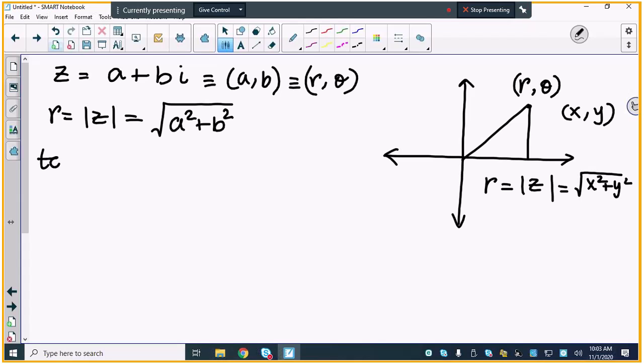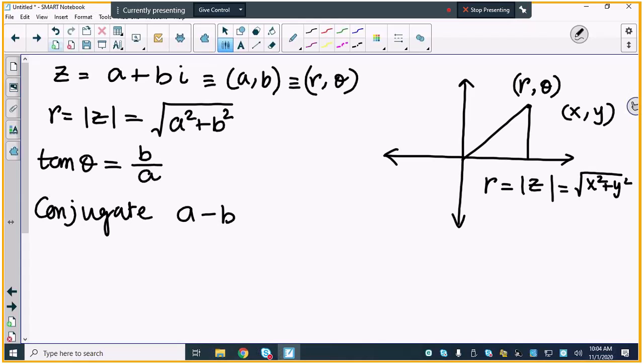And tangent of theta, as we have done in polar coordinates, is given by b over a. The conjugate of a complex number is simply changing the sign between the real component and the imaginary component of the complex number. So if the complex number is a plus bi, I make it minus and call it a minus bi, and it is denoted by z bar.